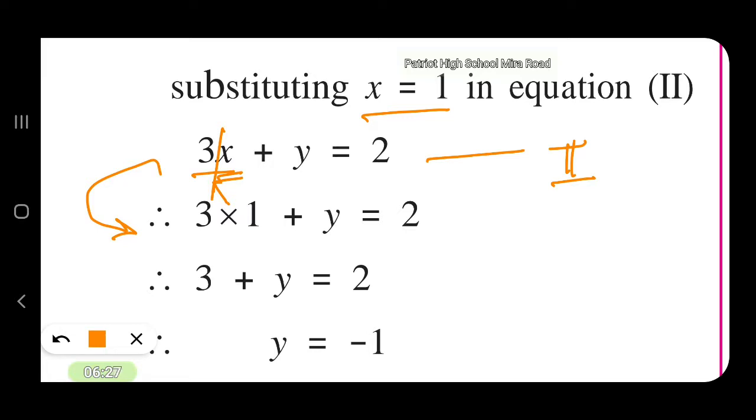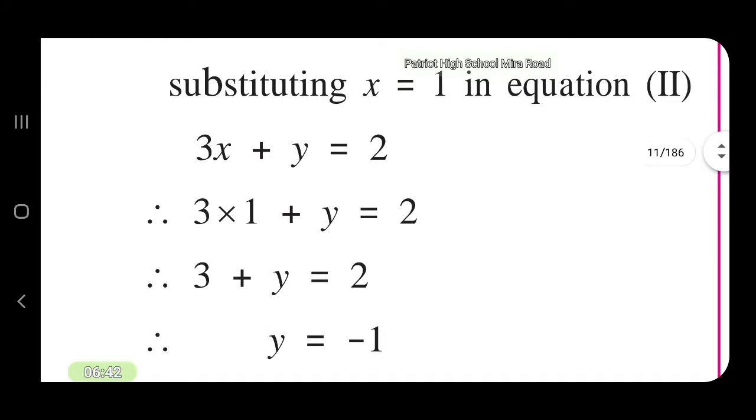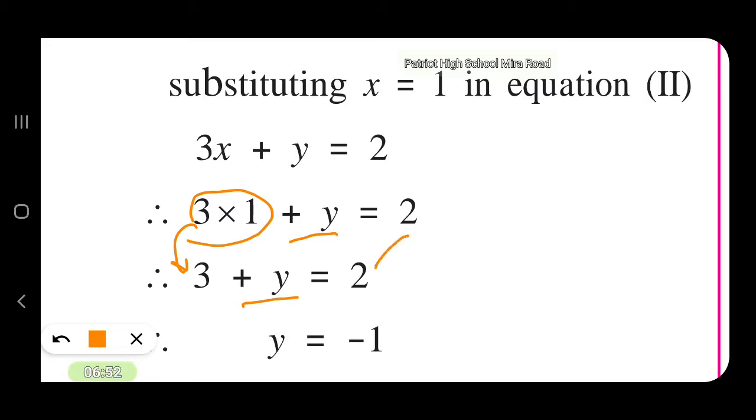Now x is equal to 1, so we put x is equal to 1 over here. So we have 3 multiplied by 1 plus y is equal to 2. The product 3 into 1 is 3. It will become 3 plus y is equal to 2.